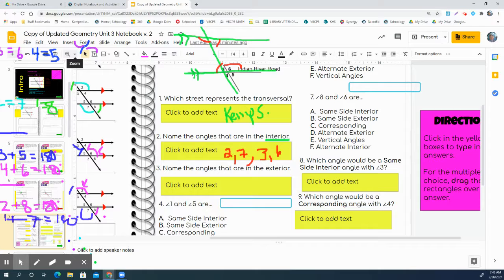Absolutely. So 1, 8, 4, and 5. And then angles 1 and 5, what's their relationship? Angles 1 and 5.